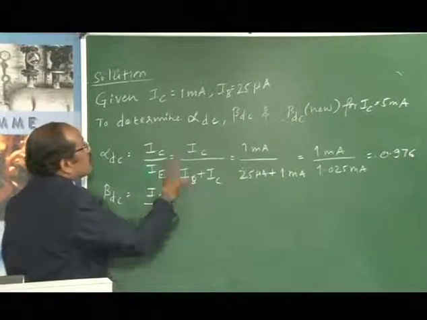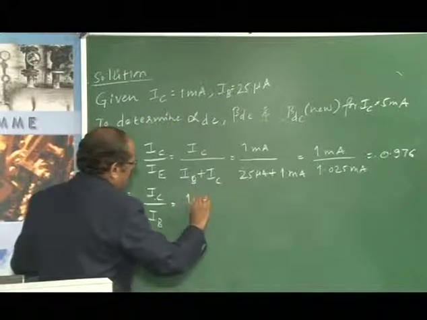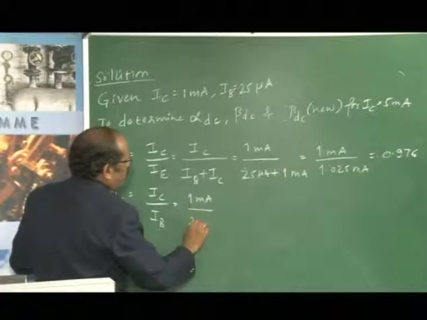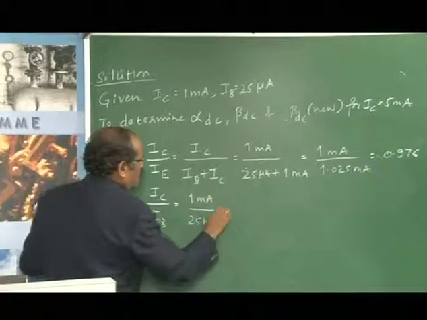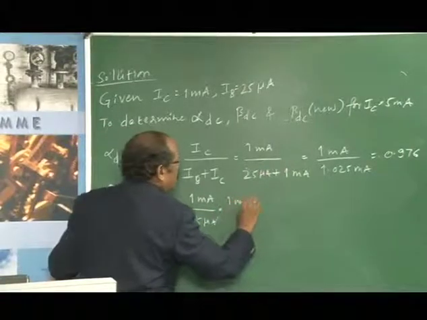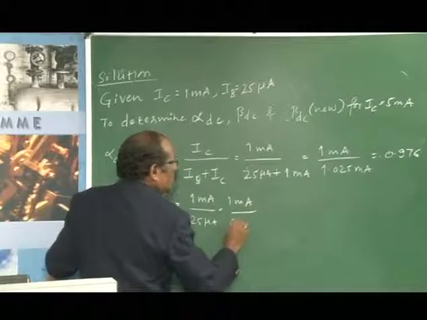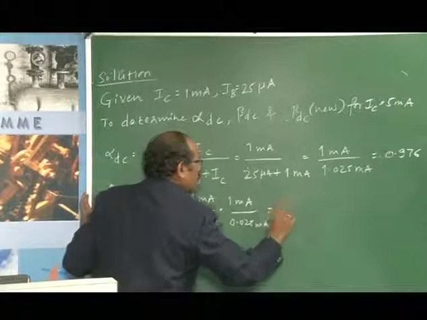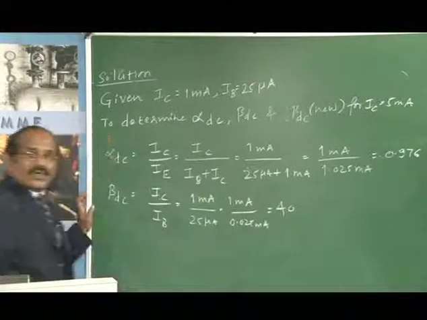IC is 1 milliampere and the base current is 25 microamperes. So I can write 1 milliampere divided by 0.025 milliampere. This comes around 40 as the current gain.